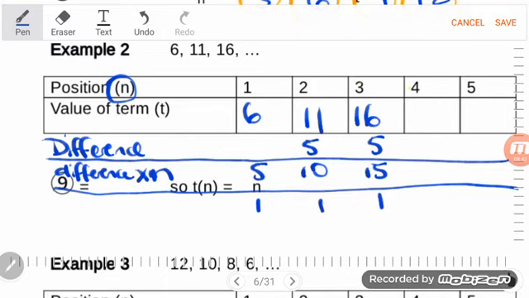Are you seeing a pattern here? So each time we are multiplying by 5 and adding 1. So 6 is the same as our position 1. 1 times 5 is 5 plus 1 is 6. Try the second. 2 times 5 is 10 plus 1 is equal to 11. 3 times 5 is 15 plus 1 is equal to 16.